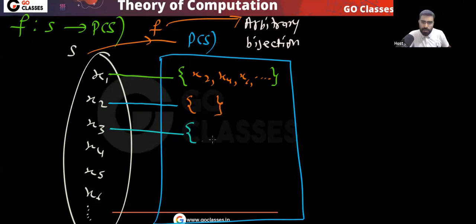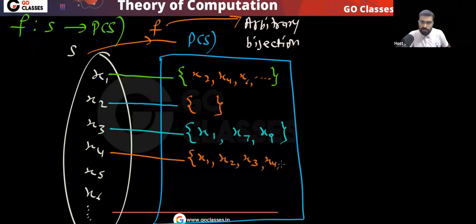Let's assume X3 is mapping to something random, say X1, X7, X9. Then let's assume X4 is mapping to S itself.